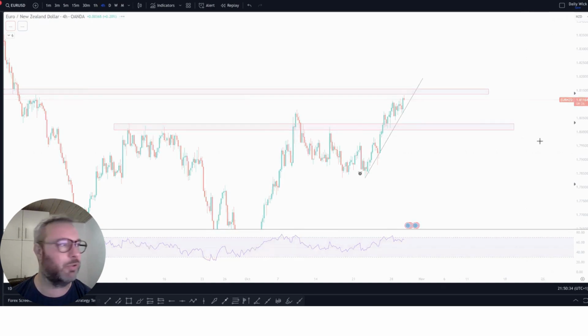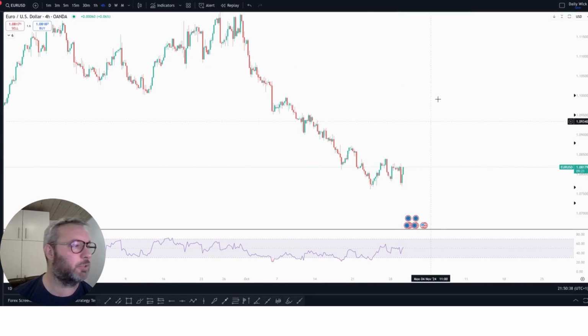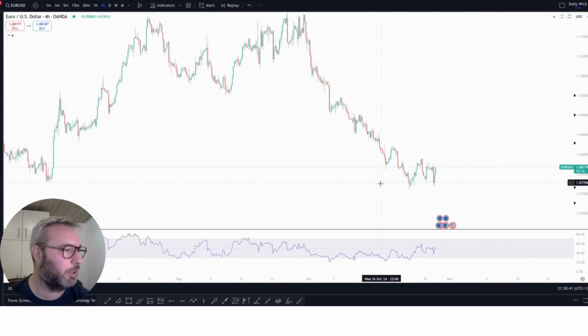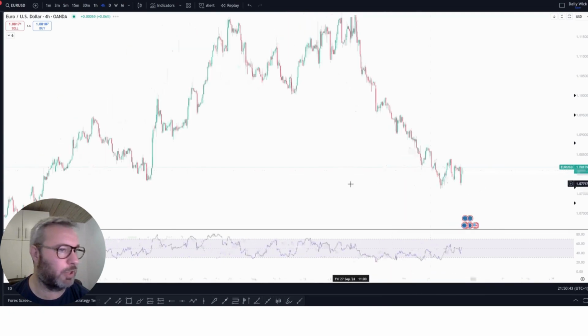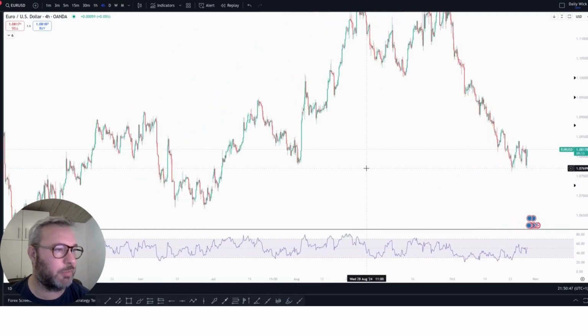On to Euro USD. Euro USD has been going down for a long time. It looks to have found some ground, so it's interesting to see if it's going to go up. Start with this one here.